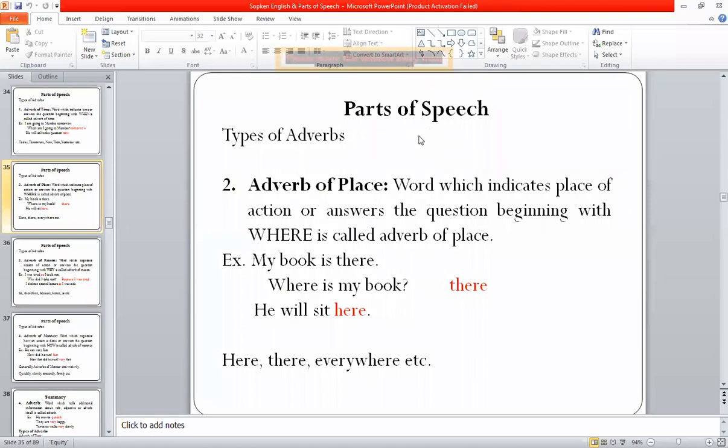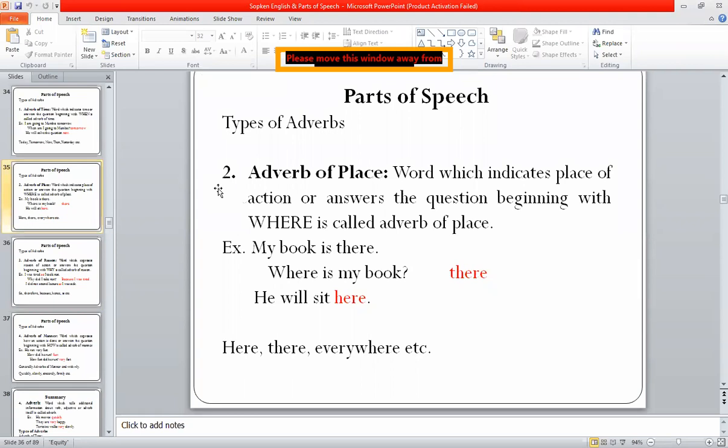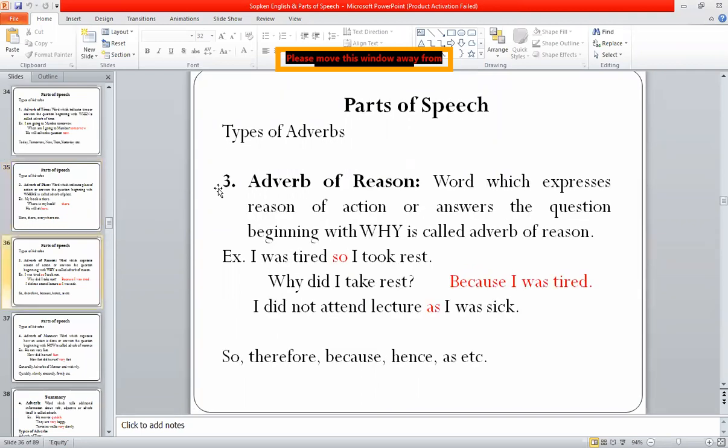So adverb of place is the word which indicates the place of action. Here, there, everywhere, these are the indicators of the place. That is why they are called adverbs of place.